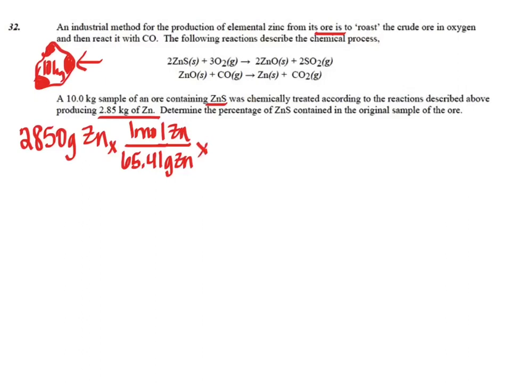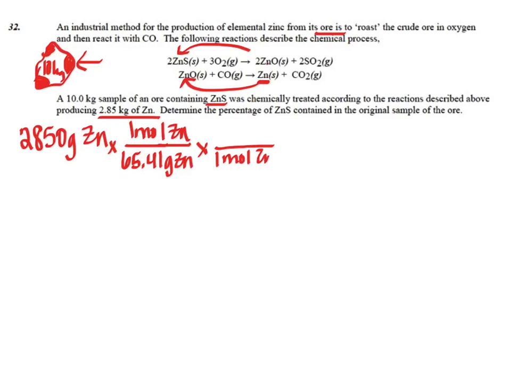Now we ended up here with the zinc, and we can go from zinc to zinc oxide, and then we're going to go from this zinc oxide over to here. So we need to get to zinc oxide. What's the mole ratio of zinc to zinc oxide? 1 to 1.